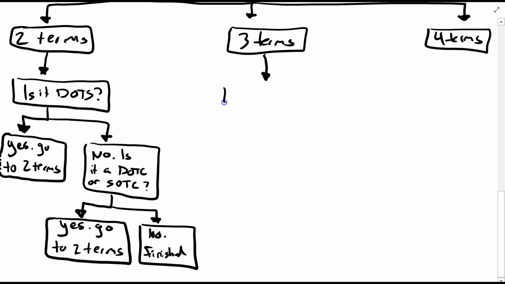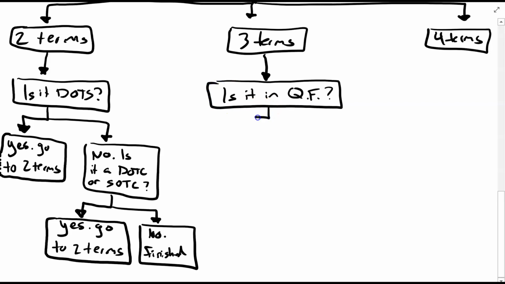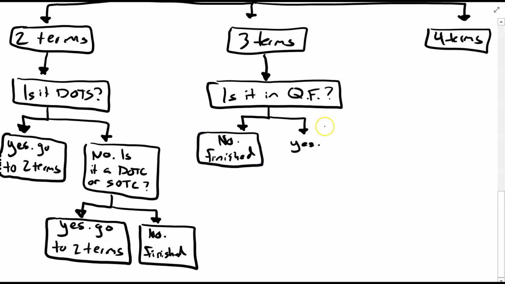For the three terms, the first thing we had to check is, is it in the quadratic form? If we said no, then there wasn't any more factoring we could do. We just finished. If it was yes, then what we had to do was try to factor it like a quadratic.